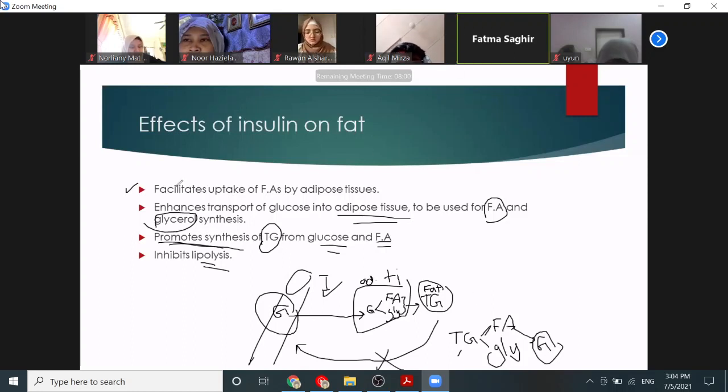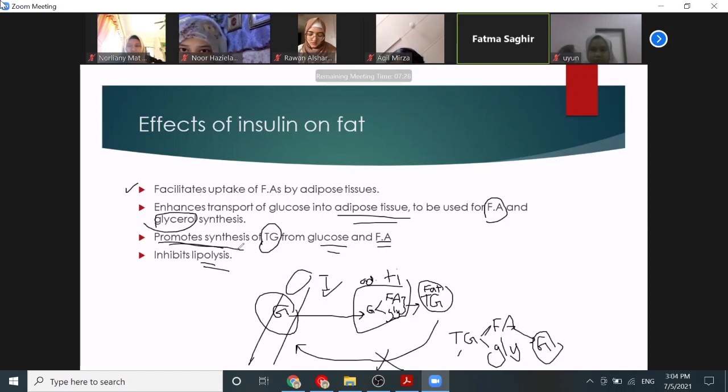Okay. So uptake by adipose tissue. It's like a story, function 1, 2, 3, 4, like a story. Insulin facilitates adipose cells to take glucose. Once taking glucose, they convert this glucose into fatty acids and glycerol. After that, fatty acid and glycerol will be converted into triglyceride, and insulin promotes triglyceride production.